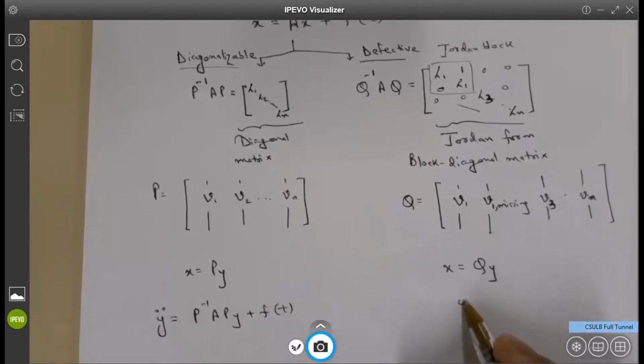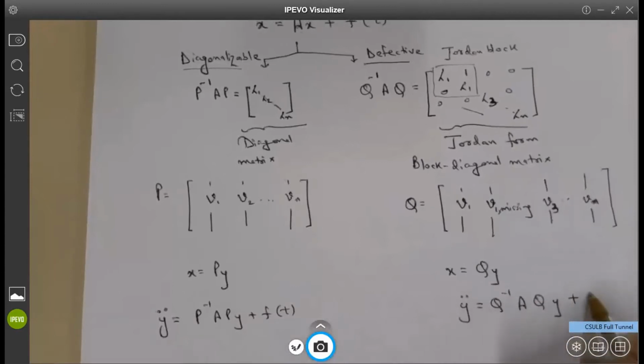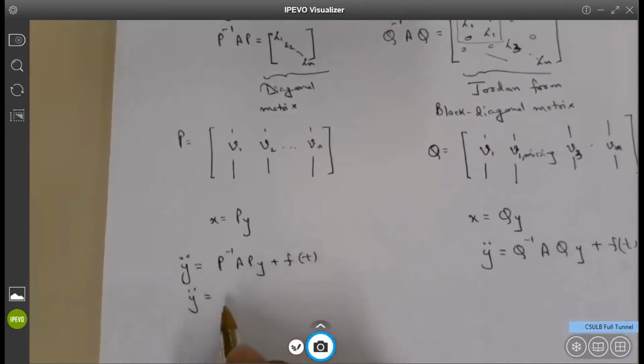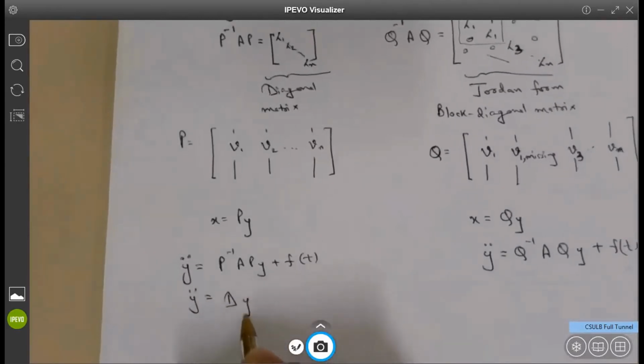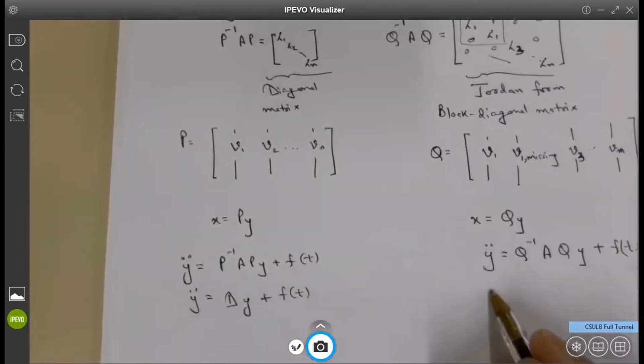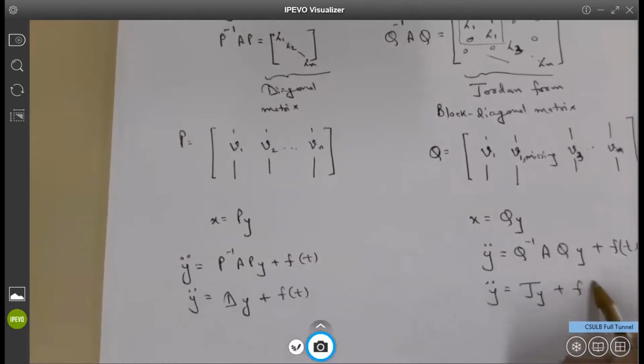And here you will get Y double dot as Q inverse A Q Y plus FT. And this basically is simplified as D matrix, which is a diagonal form, plus FT. And here, let's say we call it J, Y plus FT.